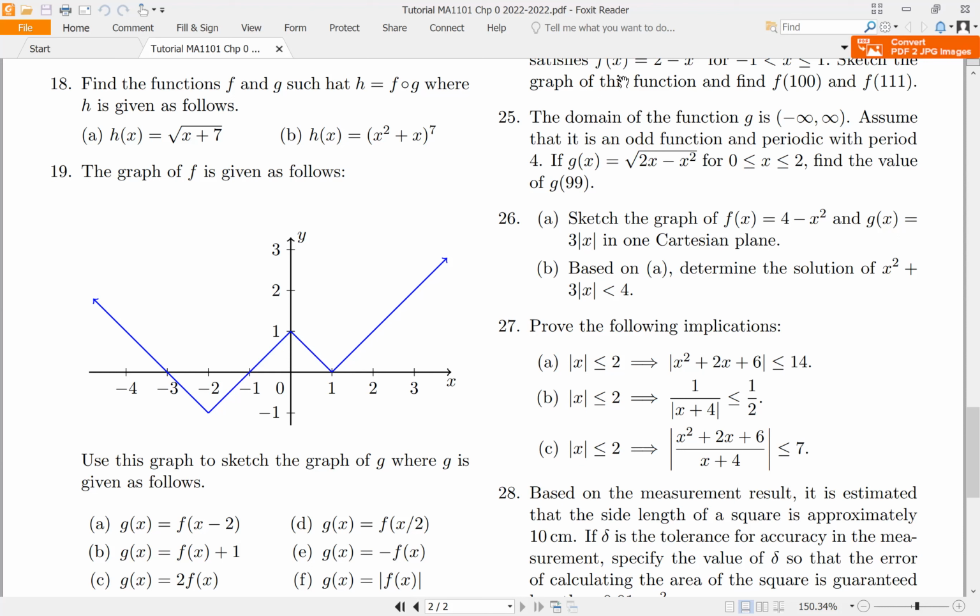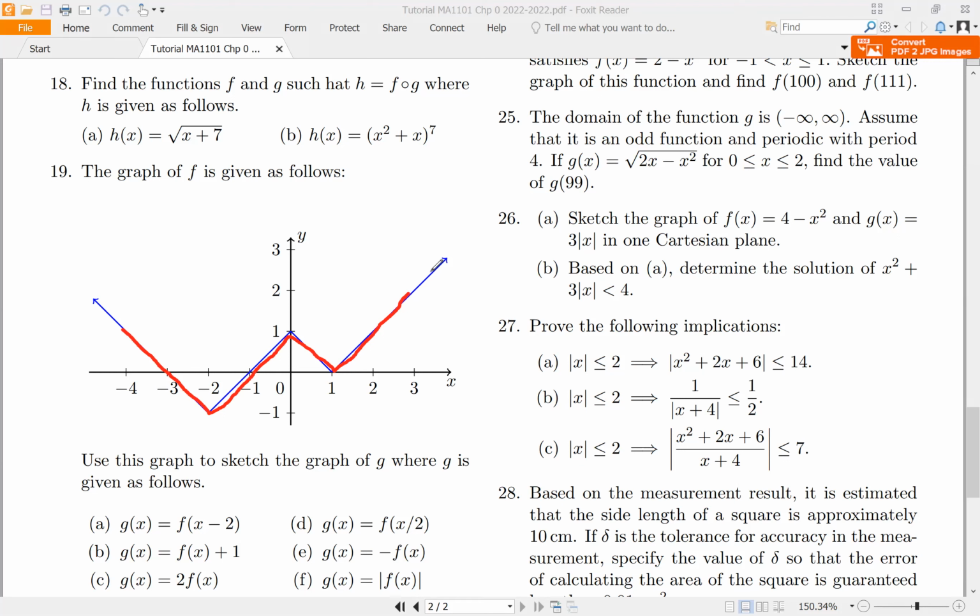For example, I will slightly modify the graph. I just restrict the graph above the interval, what is the interval? -4 until 3 only.